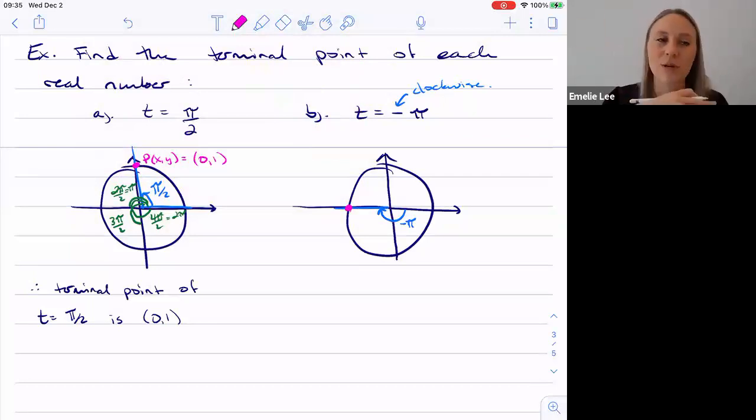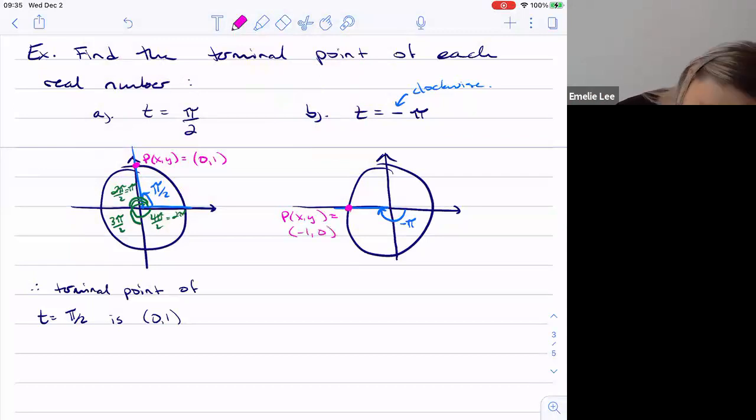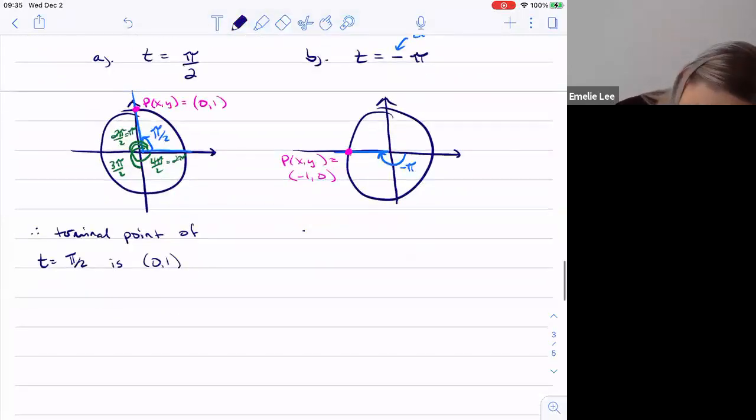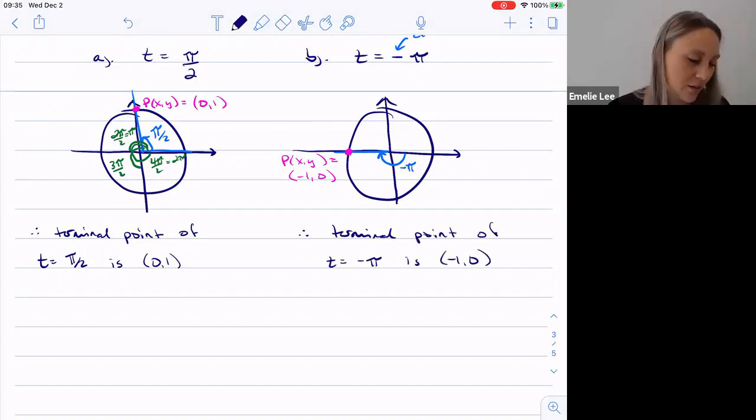I've got a radius of 1, so I've moved out, but in the negative x direction. So P(x, y) is going to be (-1, 0). Just knowing where x is positive or negative, where y is positive and where y is negative, is going to be really useful. So therefore, the terminal point of t equals negative pi is (-1, 0).